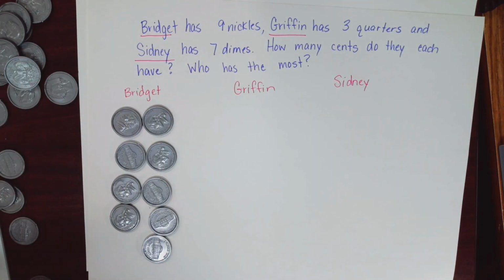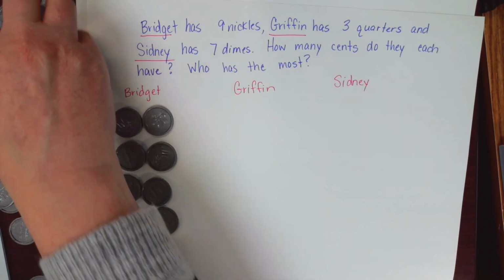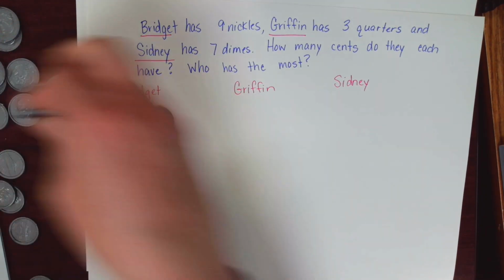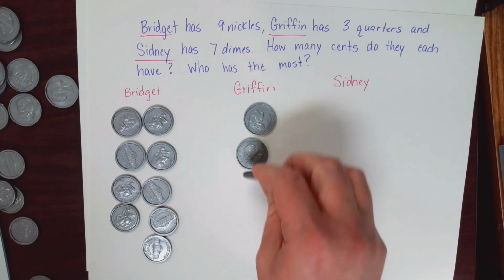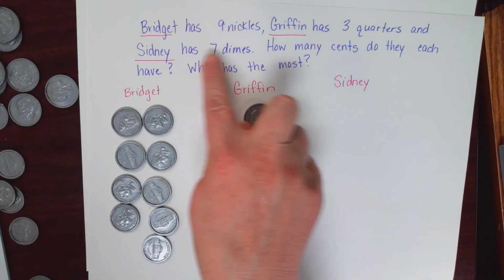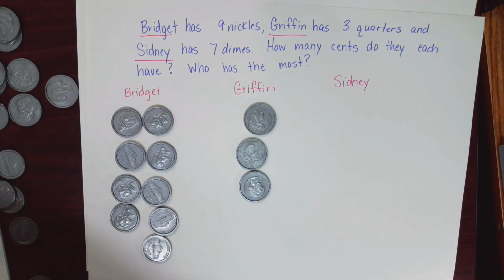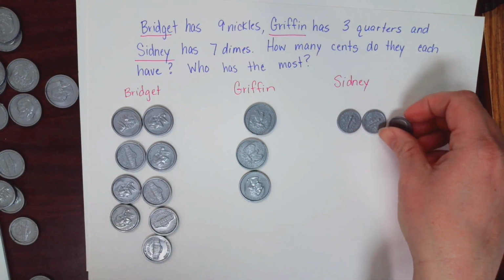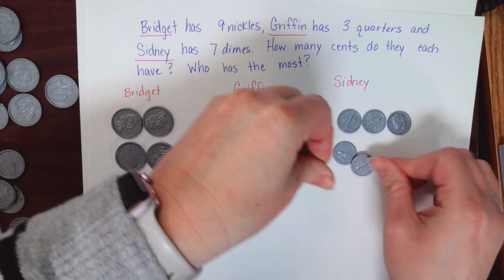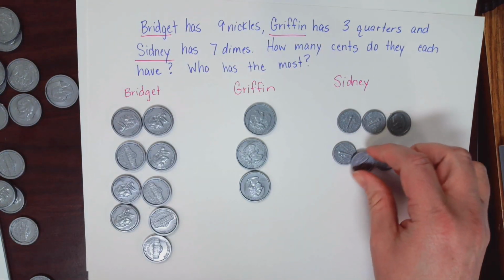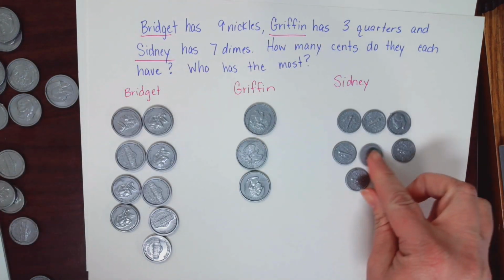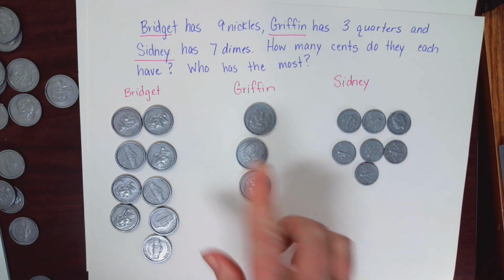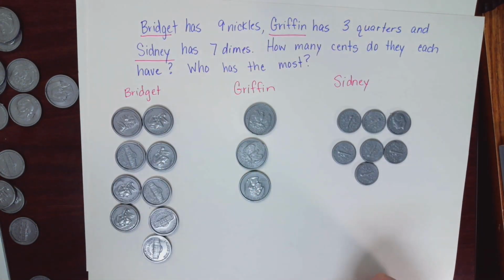And Griffin has 3 quarters, so I'm going to lay 3 quarters down. And Sydney has 7 dimes, so I'm going to count out 7 dimes: 1, 2, 3, 4, 5, 6, and 7. 7 dimes.